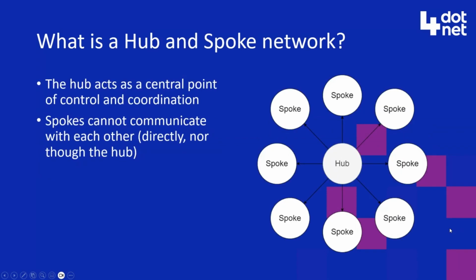And it typically looks like this. So the hub sits in the middle, and there can be one or more spokes. So in this case, there are eight spokes, but with hub and spoke networks, these spokes can typically come and go when they want. And I think these networks can be very powerful.